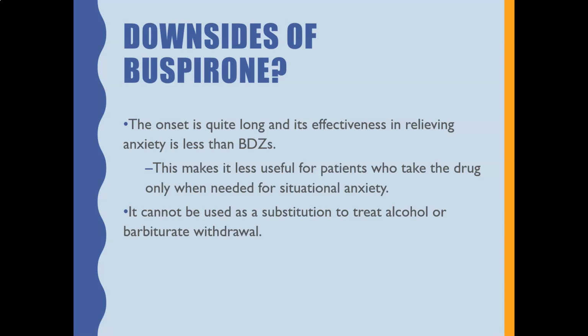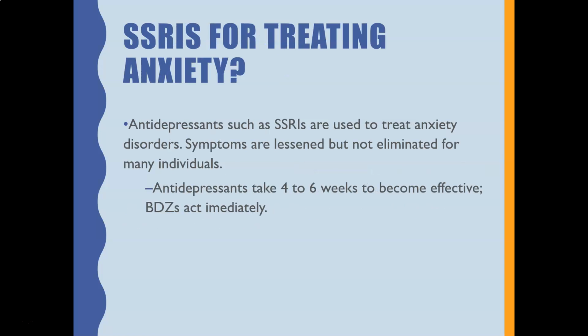It can't be used as a substitution to treat alcohol or barbiturate withdrawal, because it works on completely different mechanisms. As I said, it works on the serotonin 1A receptor. Barbiturates and alcohol largely work on GABA, and this does not work on GABA at all. So you can't use it to treat those issues.